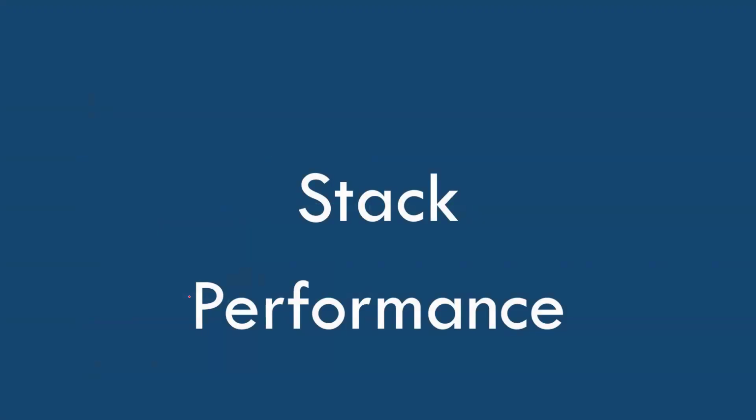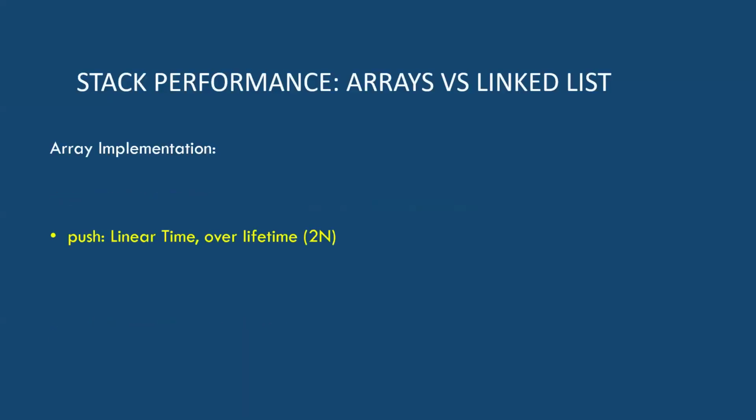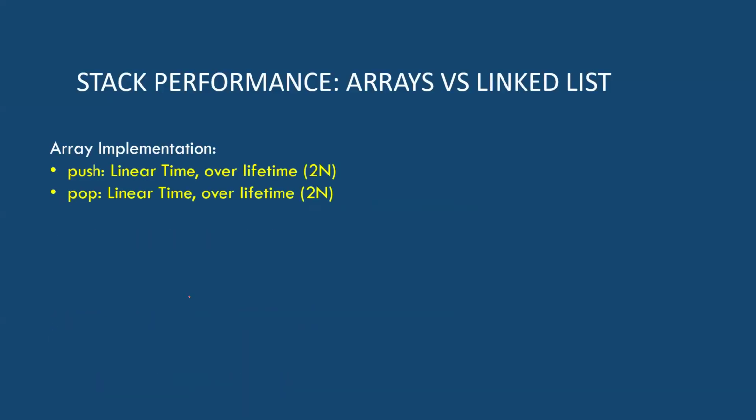A little bit backwards. So stack performance, kind of summarizing this, and we'll get you into a real quick lab. If we do an array implementation, push and pop is linear over the lifetime. So 2n is incorporating that idea of doubling the array size every time we exceed capacity.